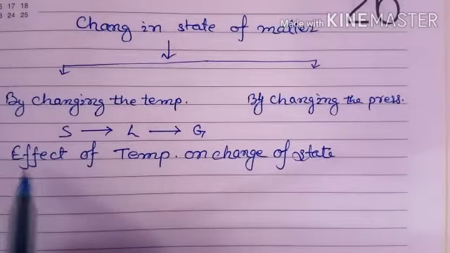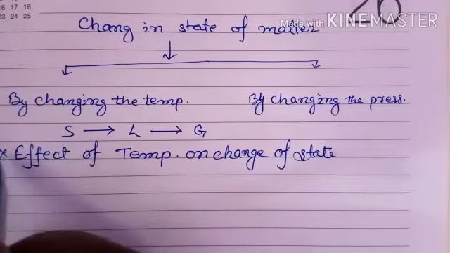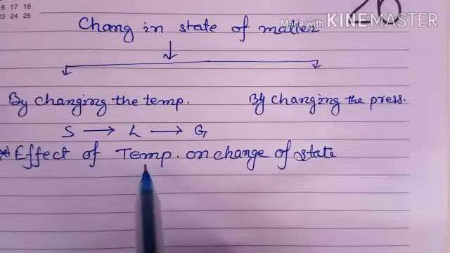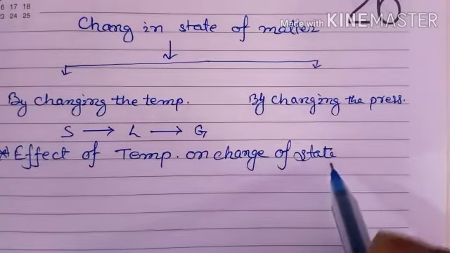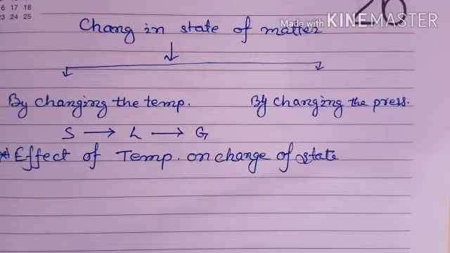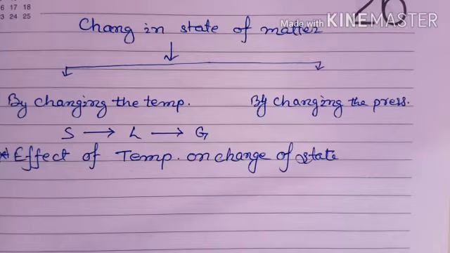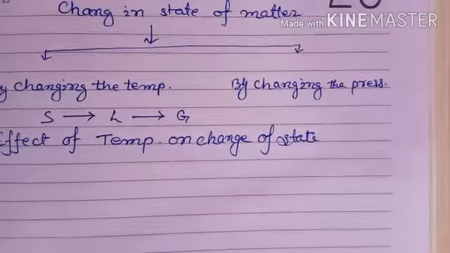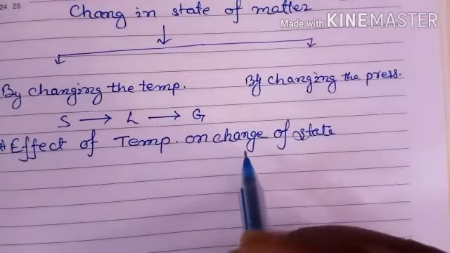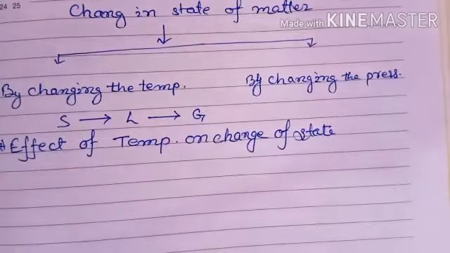Now we'll discuss the effects of temperature on change of state. This interconversion of state of matter can be achieved in two ways. One is by changing the temperature, another is by changing the pressure. First of all, we'll discuss how changing the temperature can change the state of matter.